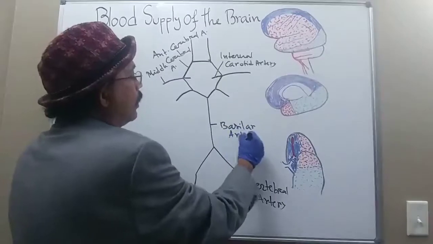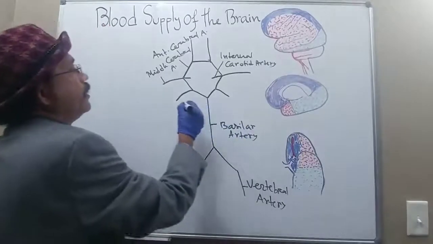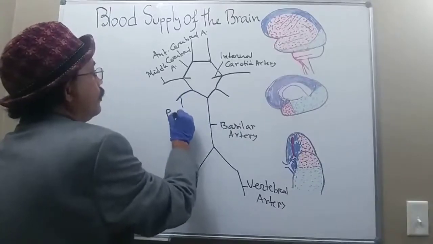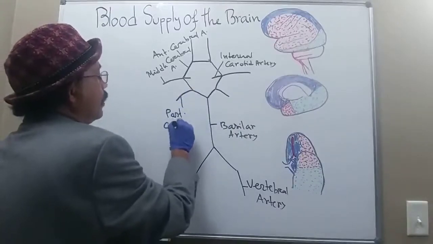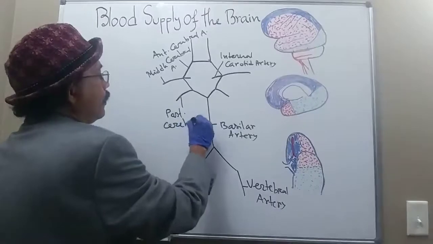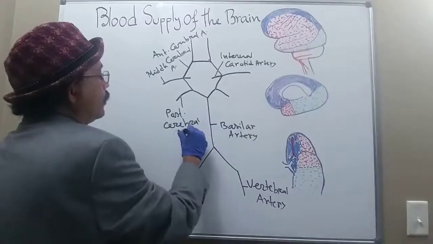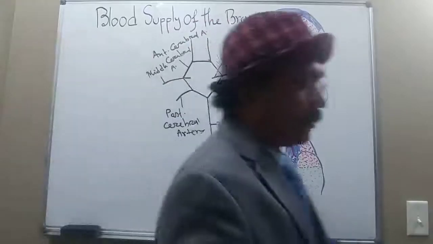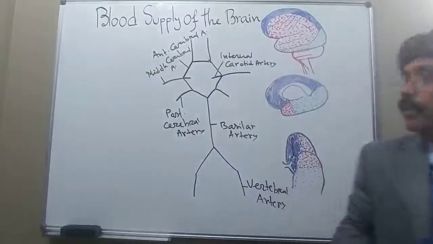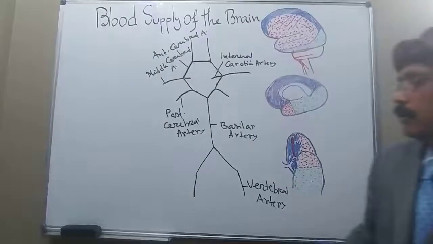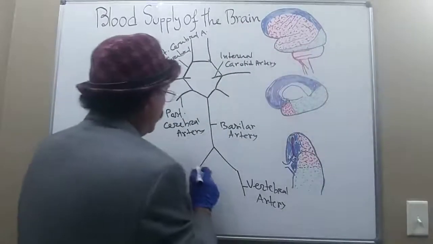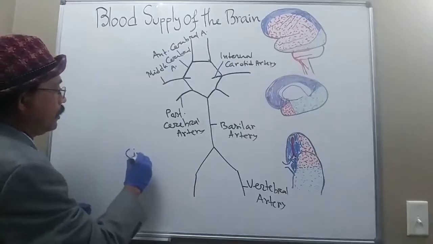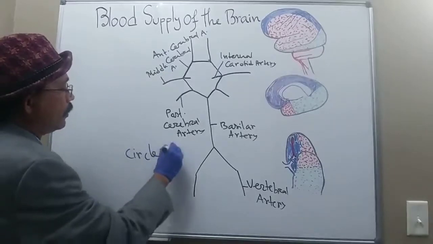The basilar artery will divide into the posterior cerebral arteries, one on each side. So this is the circle of Willis. This is very important, and the circle of Willis provides blood supply to the brain.